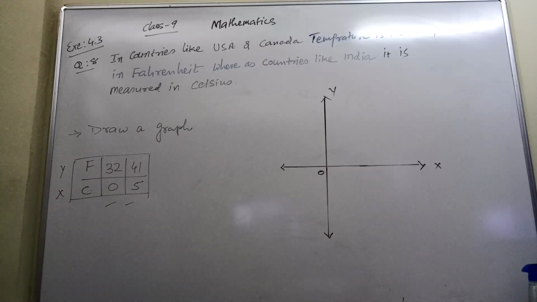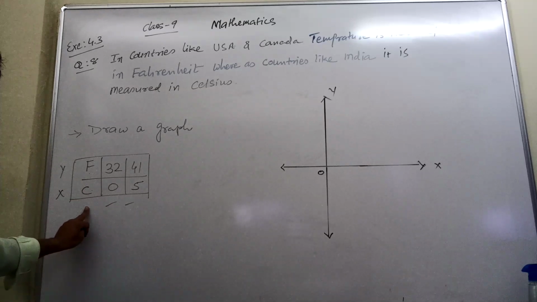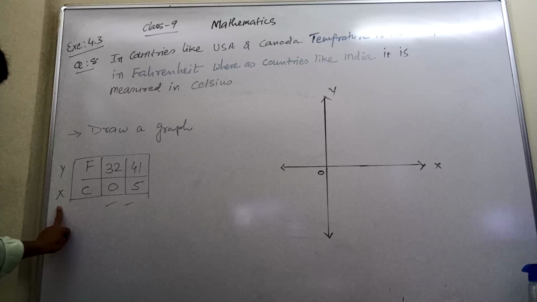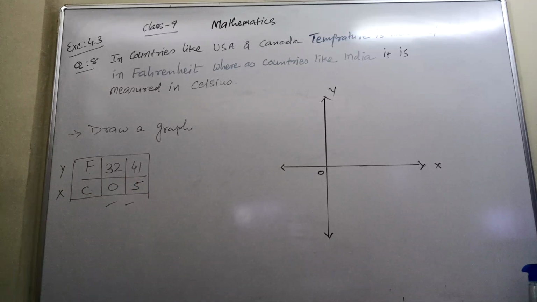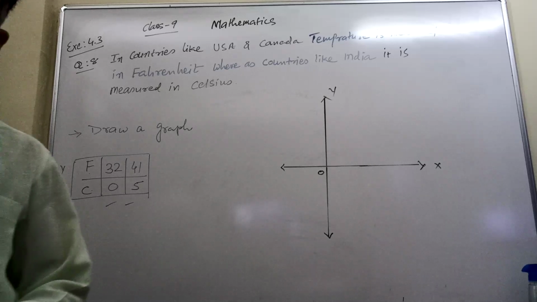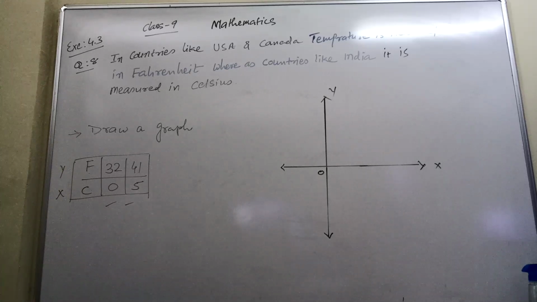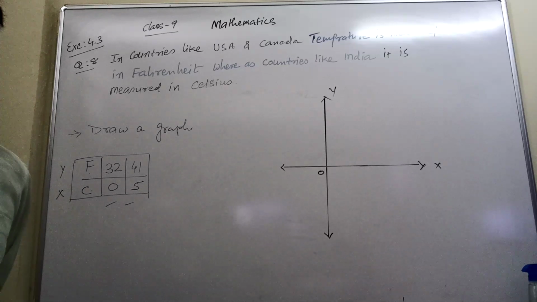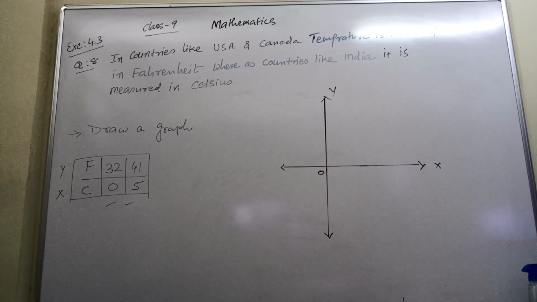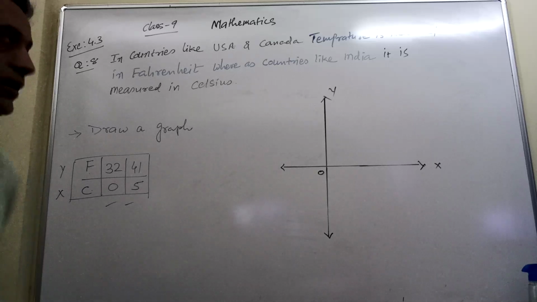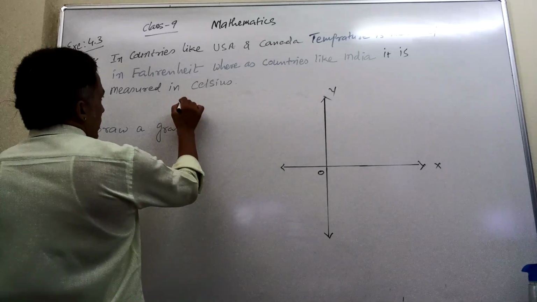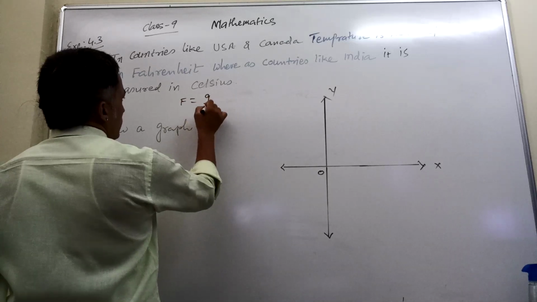I will check my values, and as I check, I will get C, which is on the x-axis, and the values are 0, 5, like this. And as I explained to you, for my convenience I am taking the values of C in multiples of 5, so that I can cancel with the 5 which was in the denominator. I am writing the equation again for your reference.